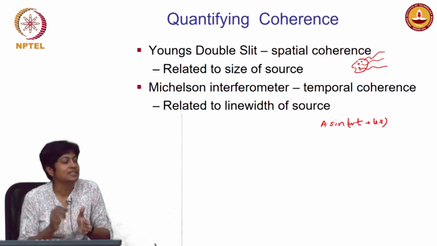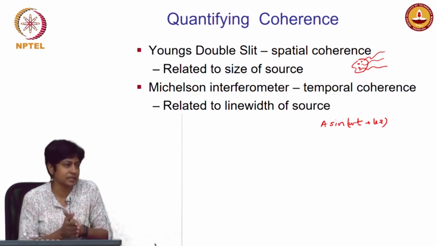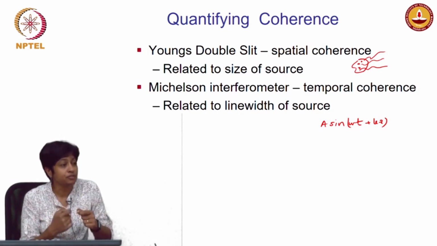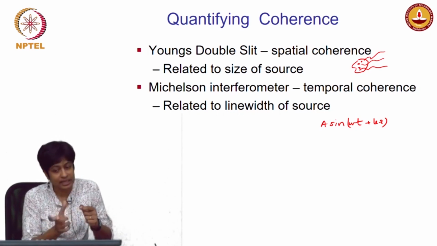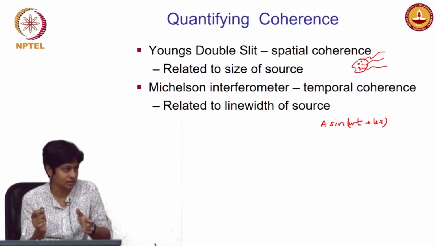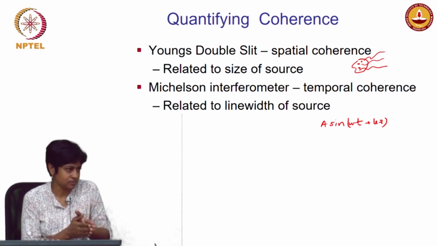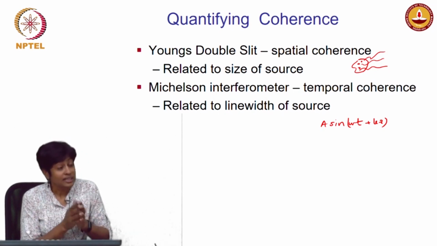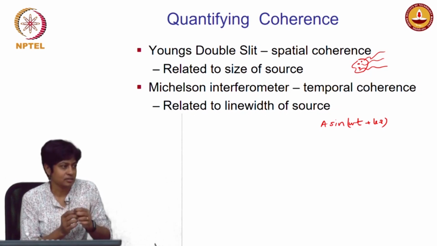But if I say there is an error in phase of 10%, it is totally unacceptable, because the change in this expression for even a small change in phase is very, very large. Okay. So, changes in phase affect light very strongly.